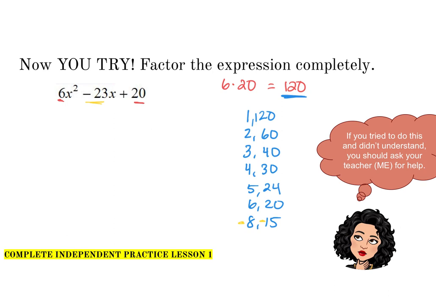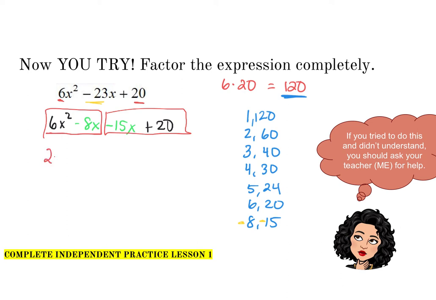So I will rewrite my middle term as those factors. So -8, -15, positive 20. And now we want to GCF, factor by grouping. So we're left with a 2x, so 3x minus 4.